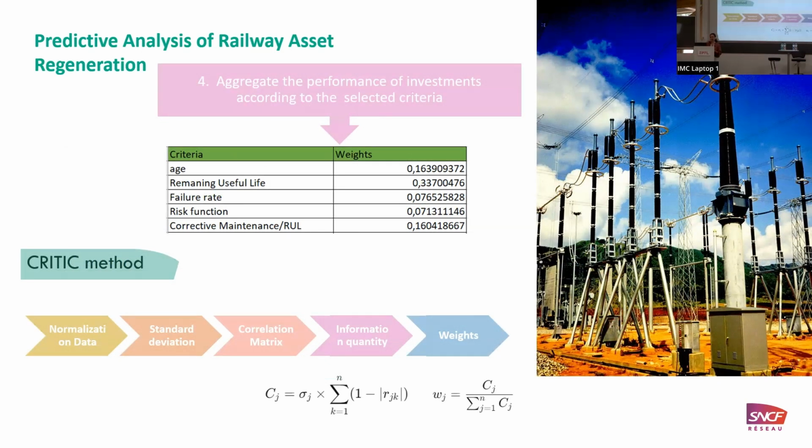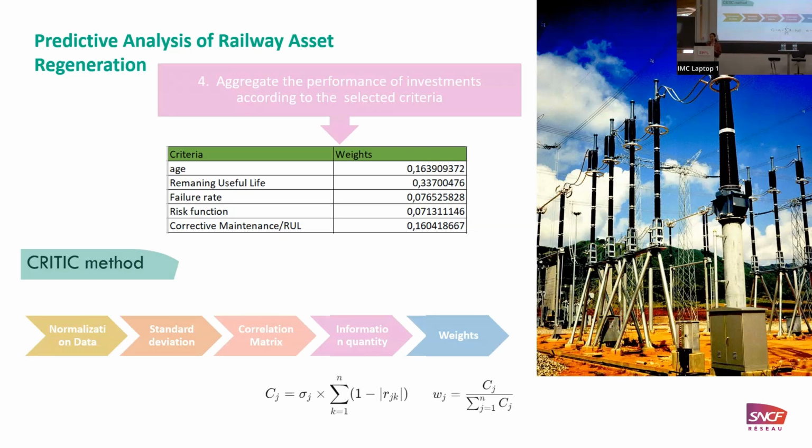So how does it work, the CRITIC method? First, we normalize the data. Second, calculate standard deviation. Then calculate correlation between all criteria. And then calculate information quantity of each criterion. The objective is to have the information that each criterion gives to the whole criteria.